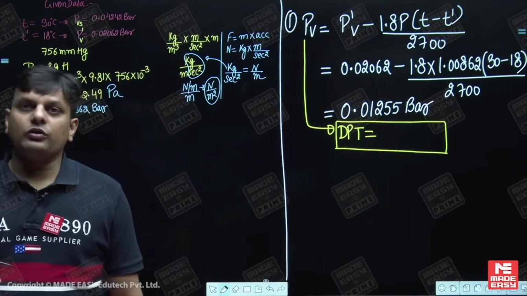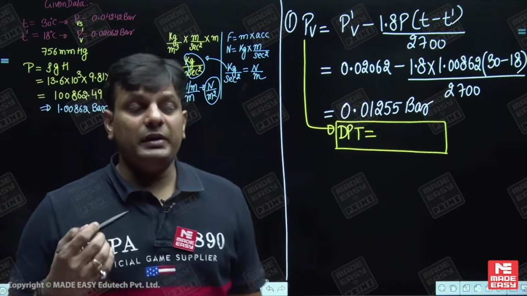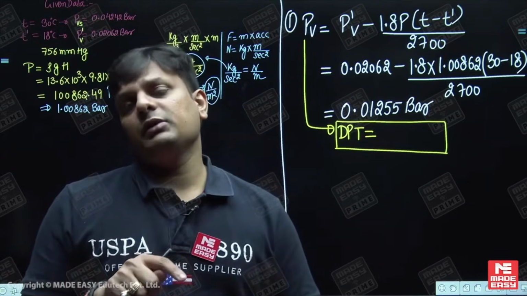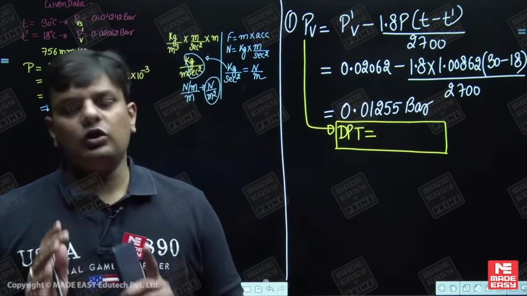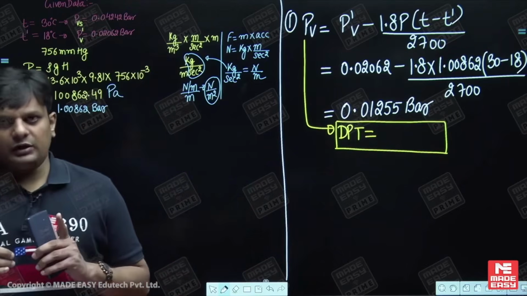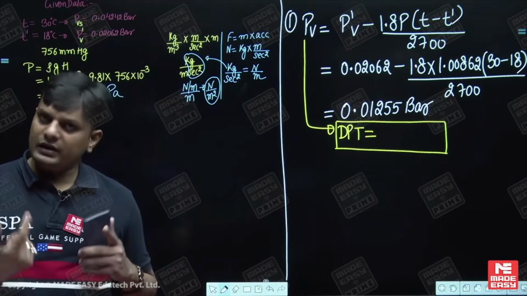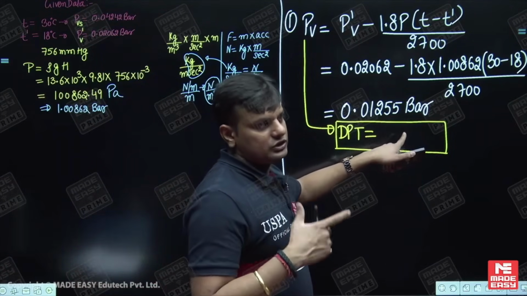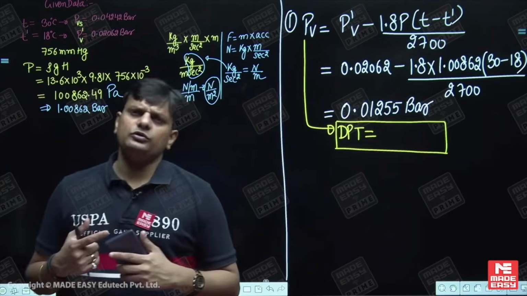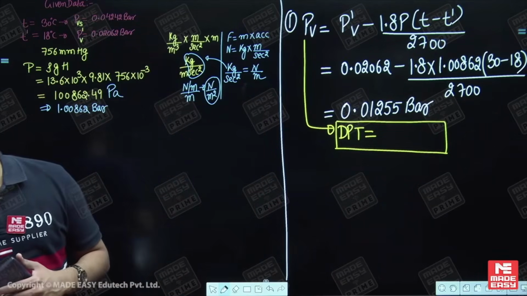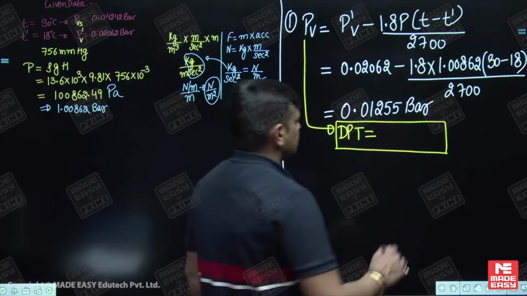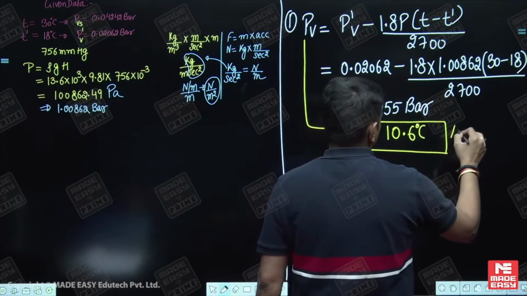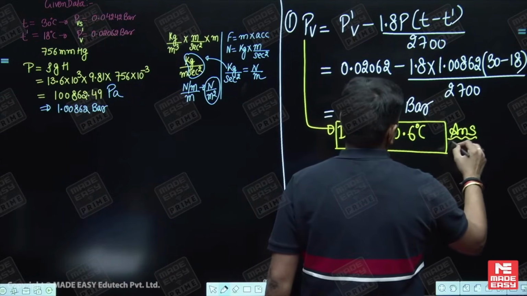Similar to the thermostatic expansion valve question we already covered, where the table is given, they will provide the exact pressure values and corresponding temperatures or near values. With interpolation you can easily find it. Its value is almost equal to 10.6 degree Celsius.